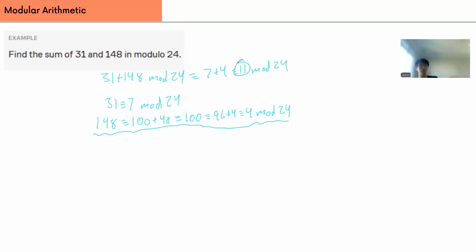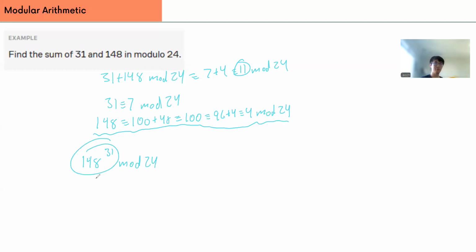Yeah. So the real trick with modular arithmetic is you can replace any number inside with a number that's the same as it in that mod, right? So it doesn't matter if we were talking about 148 to the power of 31 mod 24 or something like that.